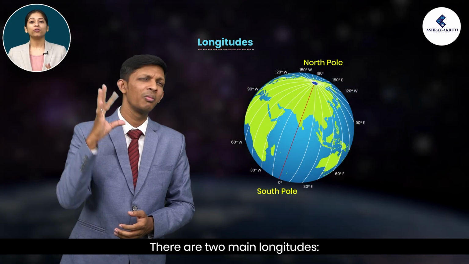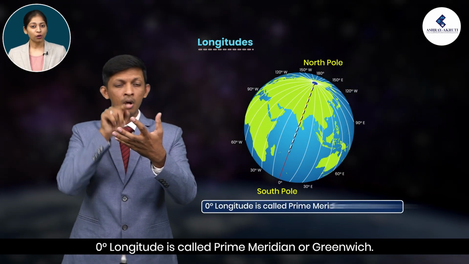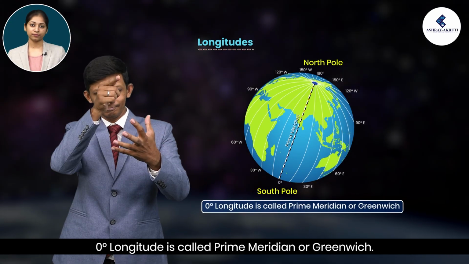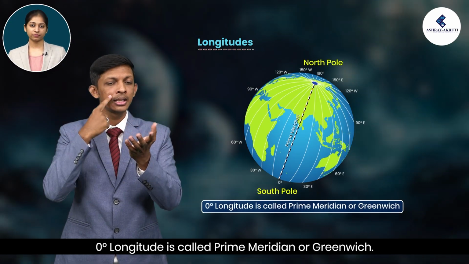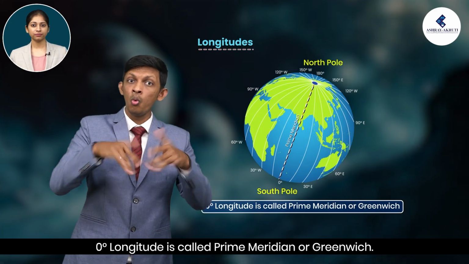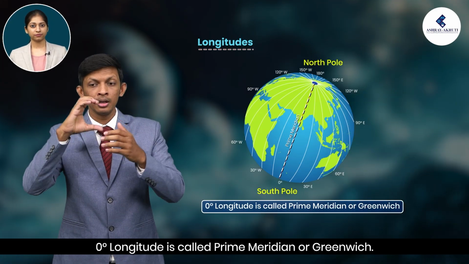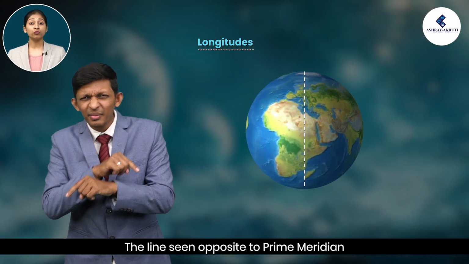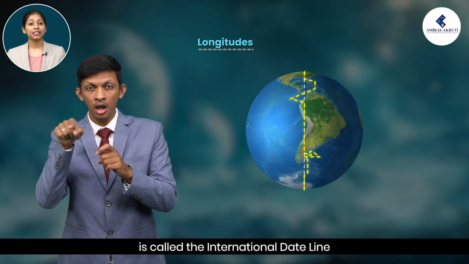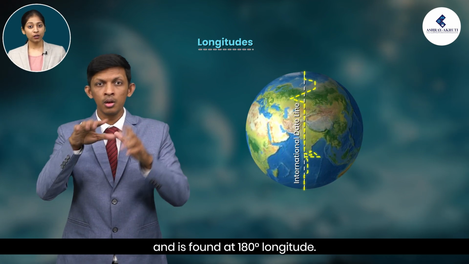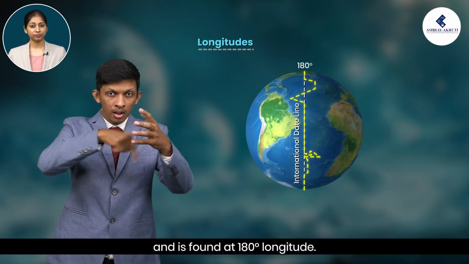There are two main longitudes. 0 degrees longitude is called the prime meridian or Greenwich. The line opposite to the prime meridian is called the international date line and is found at 180 degrees longitude.